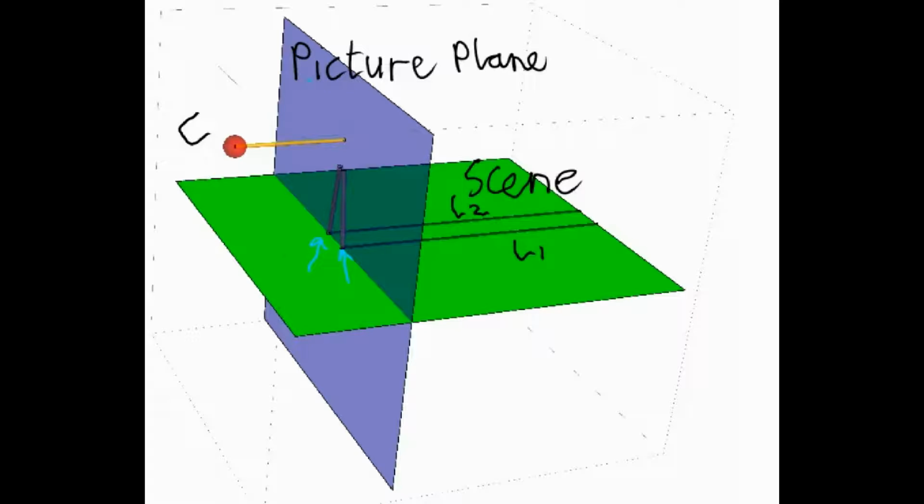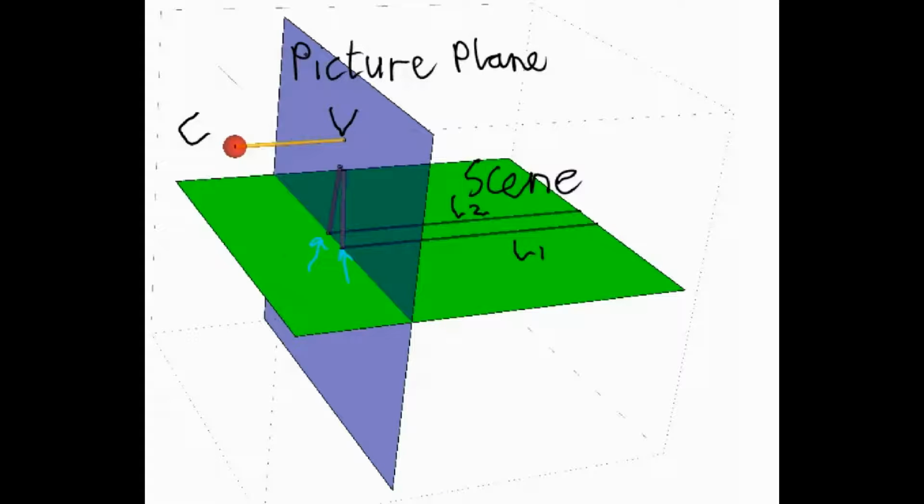Now, what I want to convince you of is that indeed the images of these two lines are going to converge, and in particular they're going to converge at a very special point. We denote this point as V, and we call it the principal vanishing point.